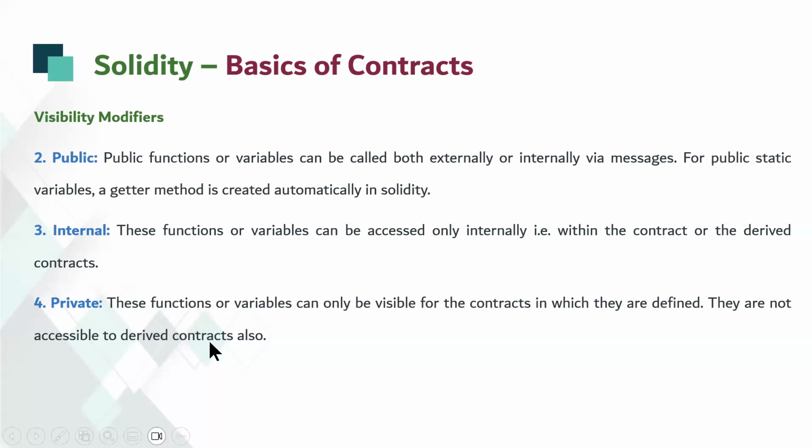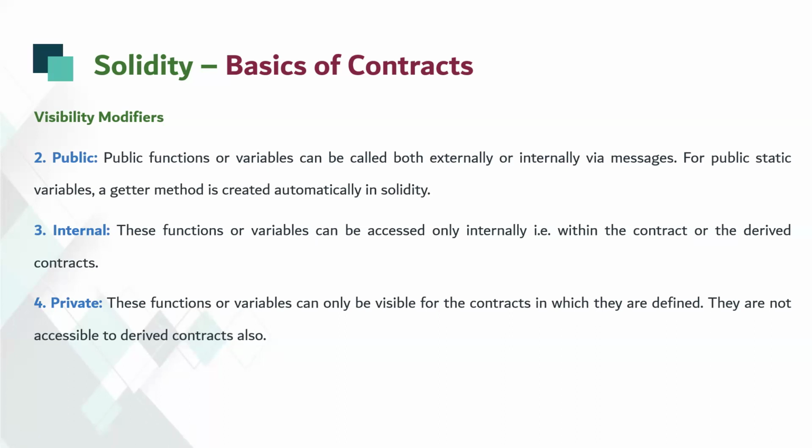Okay, about the private functions or variables, private functions or variables are the most restricted in terms of visibility. So they can only be accessed within the contract in which they are defined.